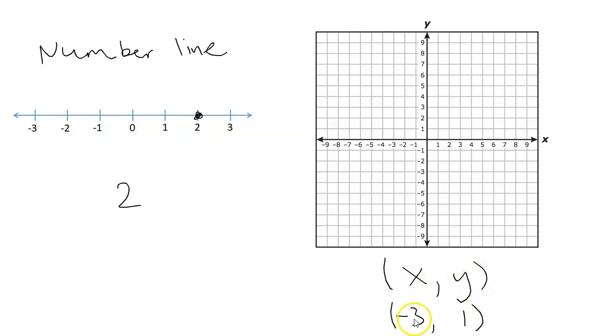So if we had -3, 1, we would start in the center and go left 3, up 1, and plot the point. So this time, we start from the center originally to go left 3, but then when we do the y part, we just go parallel to the y-axis. We don't count from the center and go up 1, we count parallel to it.